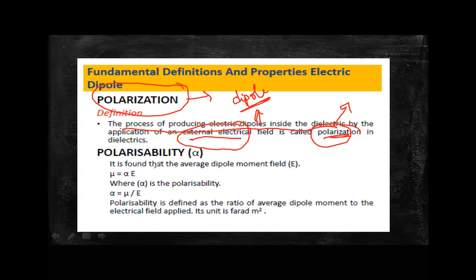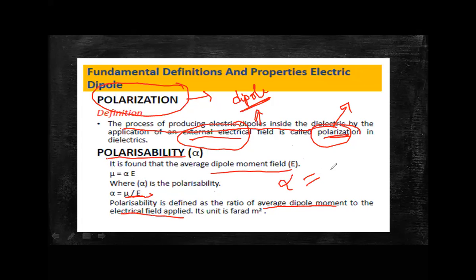Okay. And polarizability, it's kind of like the capacity of the polarization. The average dipole moment per unit field is called polarizability. It is defined as the average dipole moment to the applied field.